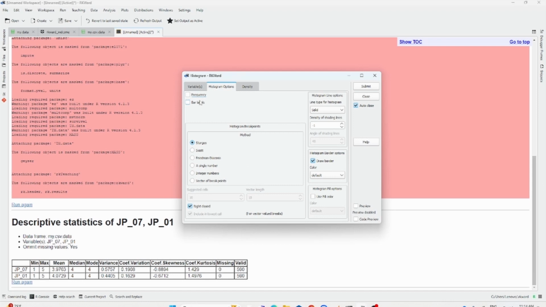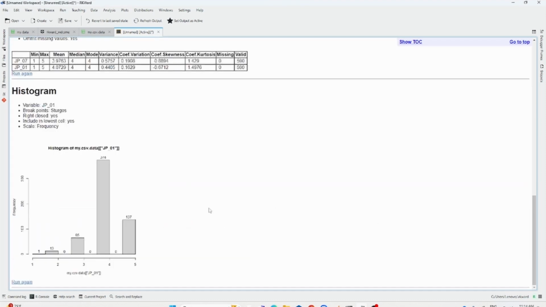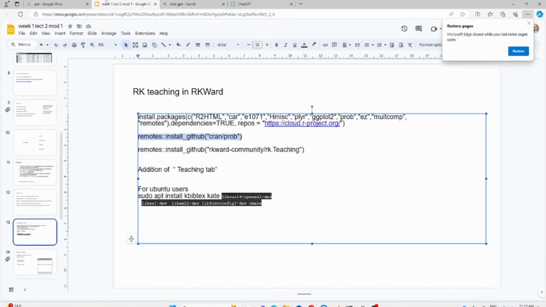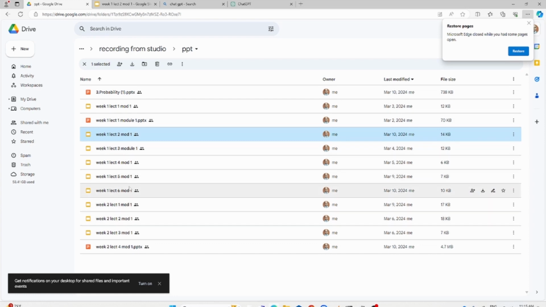Okay, so now we will go and see the histogram. See, as you can see, there is a little concentration of values around 374, and let us open the slides and see what the kurtosis and skewness coefficient should be.